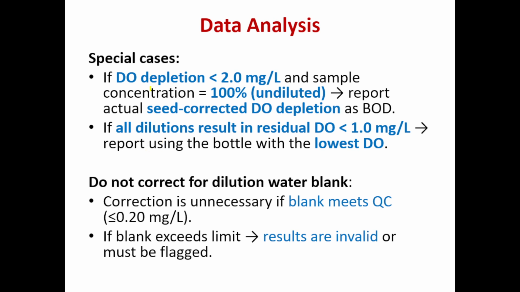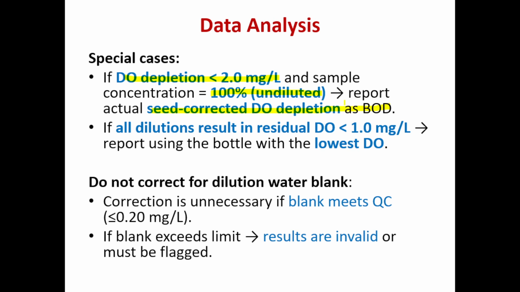There are some special cases also. If DO depletion is less than 2 mg per liter and the sample concentration is 100%, that is undiluted, then we need to report the actual seed corrected DO depletion as BOD.